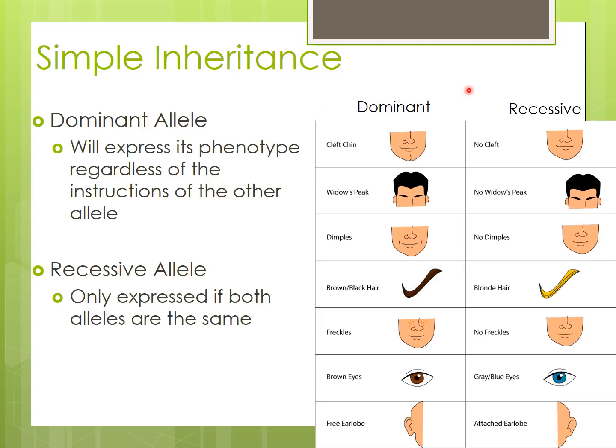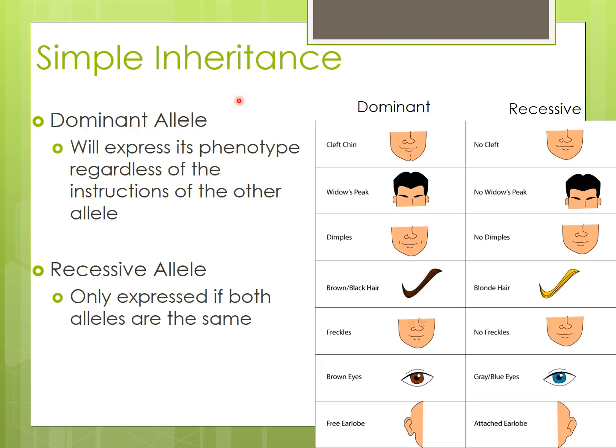Recessive would be that they're less observed, and so no cleft in this case, and so those are the lesser observed, there's less likelihood of that being observed in an individual. Now, when we link these traits, the dominant or recessive traits, we can link them to the alleles, the version of the gene.